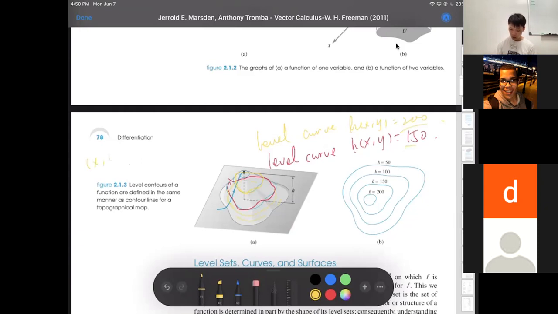So the collection of x and y and h of x and y will look something like this.